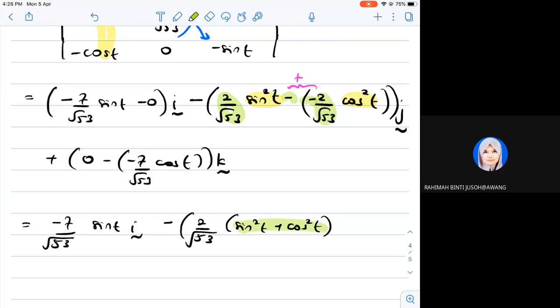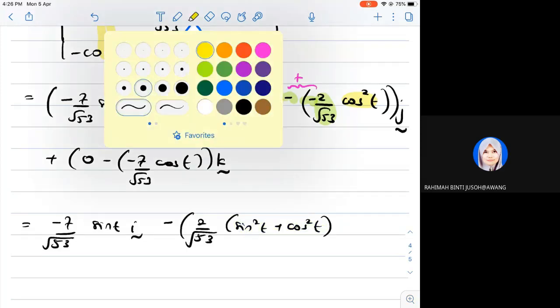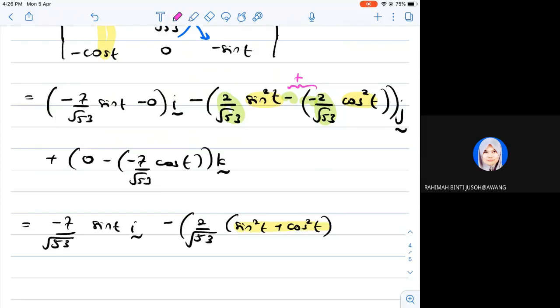Okay, sin squared plus cos squared. So this is equivalent to 1, right?